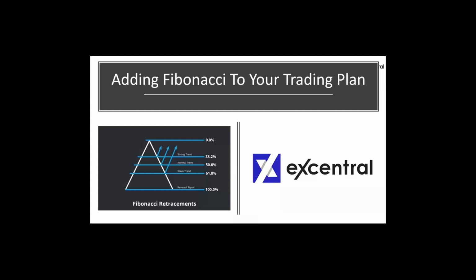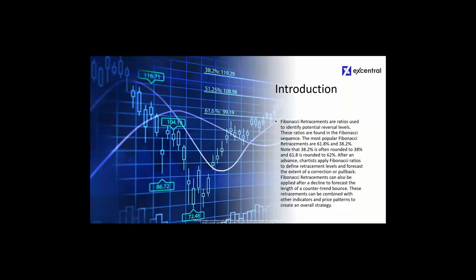Now, before we go into Fibonacci retracements, we have to understand where Fibonacci came from. Because Fibonacci had really little to do with economics, had nothing to do with the financial market, and it's been around for hundreds and hundreds of years.